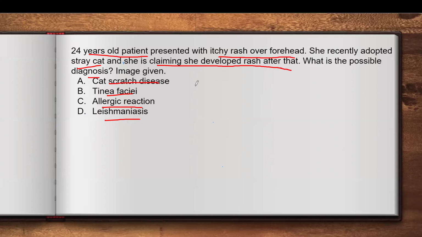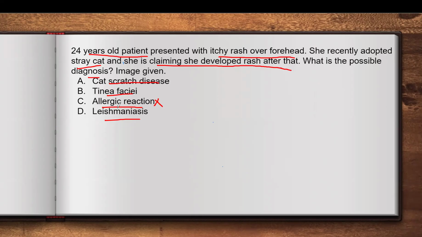So, this rash is just localized to the forehead. It can be an allergic reaction. Allergic reaction, first of all, presents in a very different form. It can be in the form of hives, angioedema, anaphylaxis. And usually, if it is not a contact dermatitis, the allergic reaction is in the whole body.